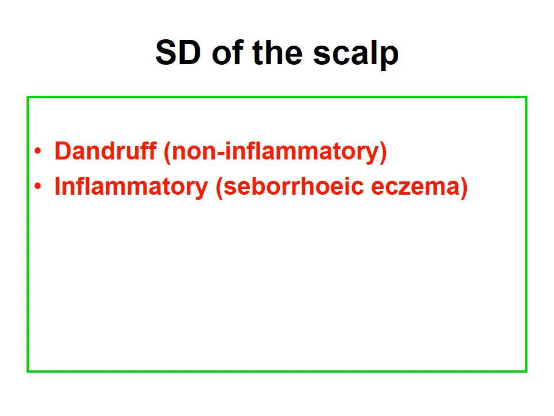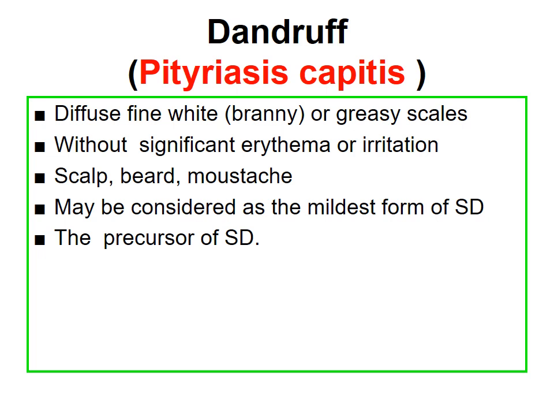Seborrheic dermatitis of the scalp has two forms: either the non-inflammatory type, which is known as dandruff, or the inflammatory type with seborrheic eczema. Dandruff, or pityriasis capitis, is the diffuse fine white branny or greasy scales without significant erythema or irritation.